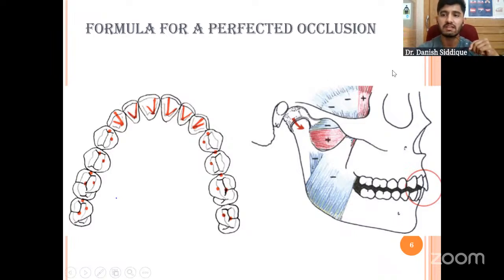So we have to see when it gets stabilized. Whenever the person brings the anterior into protrusion, when you have canine guided or mutually protected occlusion, you can see a clear disocclusion of the posterior teeth. In those cases, these muscles are in a good relaxed state. So this is what we need to achieve.